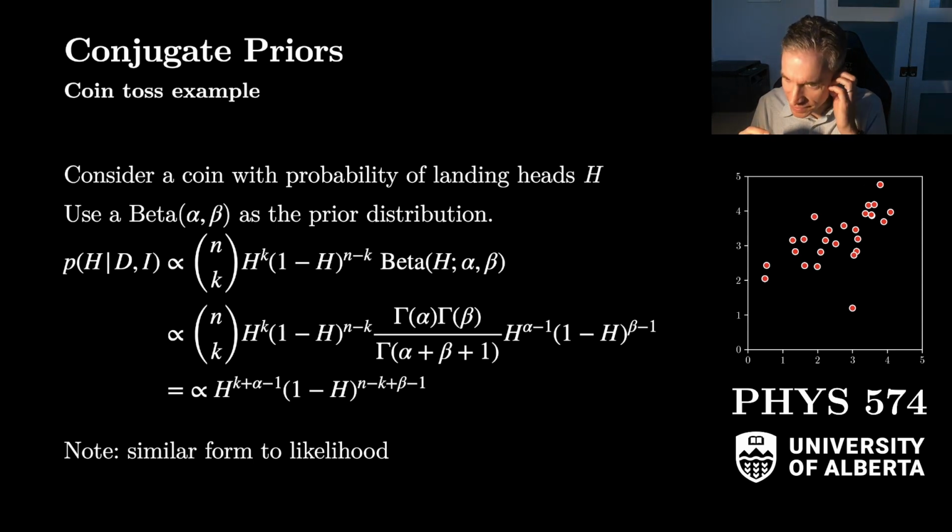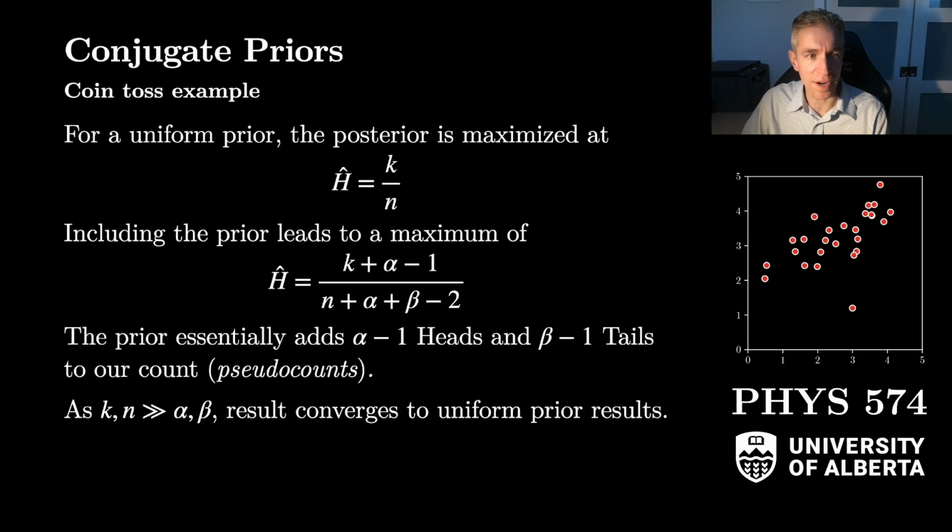If we assumed the previous prior distribution, which was a uniform prior, we ended up with a mode of the posterior distribution that was just k over n, the number of heads per total number of samples.